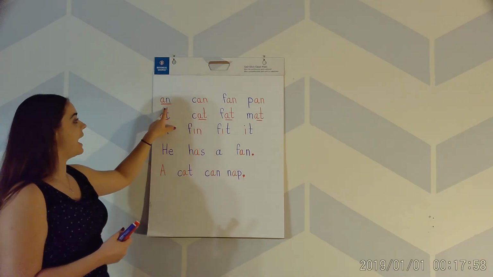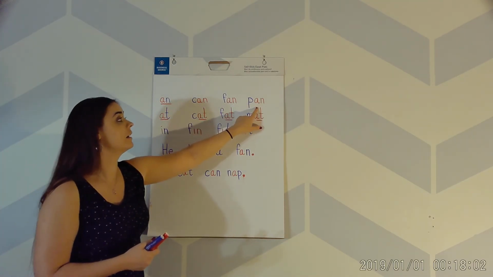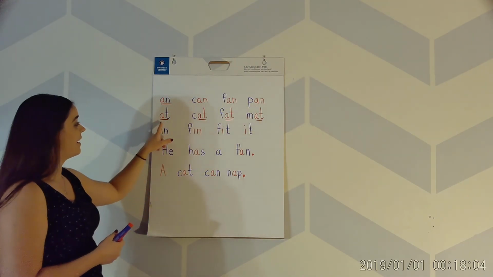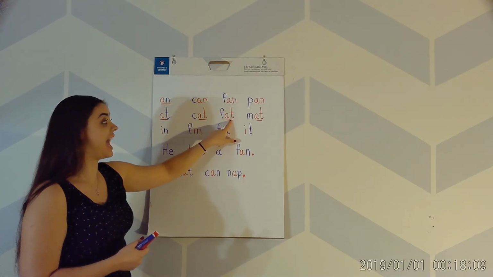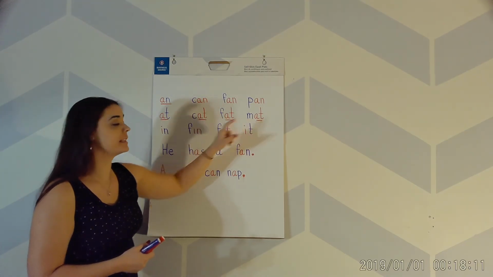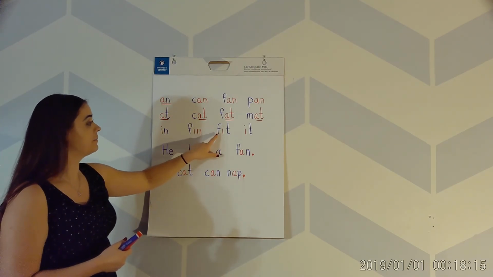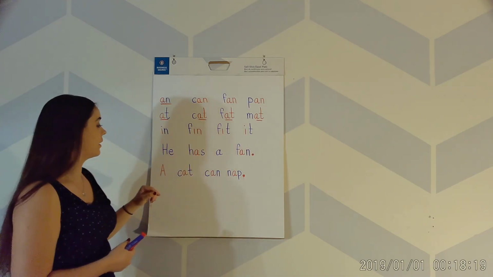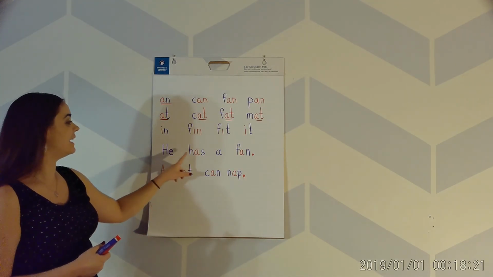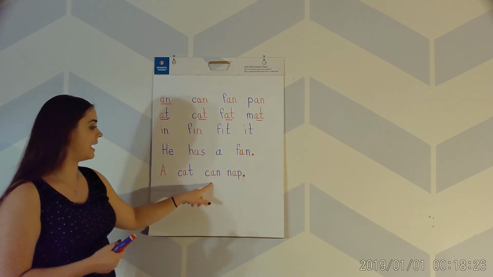So we've got an, can, fan, pan, at, cat, fat, mat, in, fin, fit, it. And we'll read our sentences. He has a fan. A cat can nap.